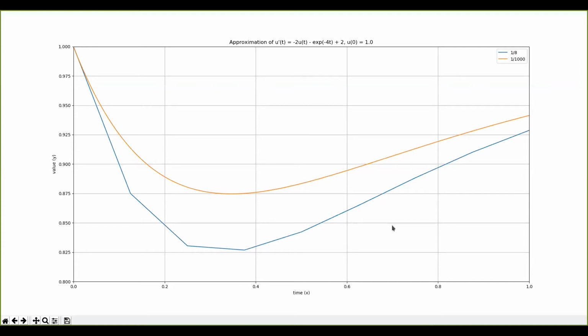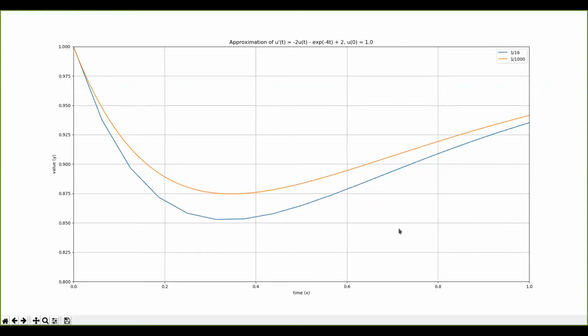Now in this example, we have partitioned the interval from 0 to 1 into 8 subintervals, and the blue curve here, the numerical approximation, has a constant slope over each of the subintervals. The basic idea is that the shorter we pick the subintervals, the more subintervals we pick, the better will be the approximation.